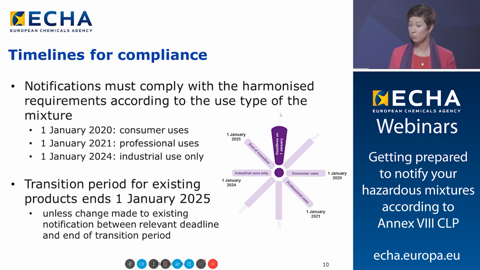Similarly, for mixtures with professional uses from January 2021 and mixtures for industrial use only from January 2024. Of course, there is a transition period for the existing products which ends in January 2025 unless a change is made to the existing notification between the relevant deadline and the end of the transition period.